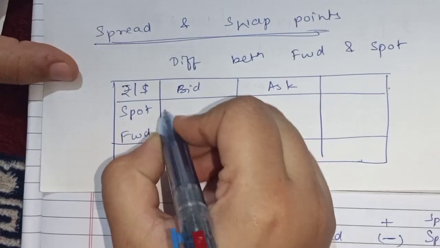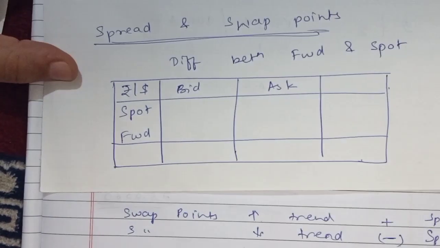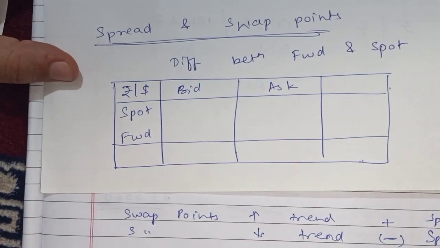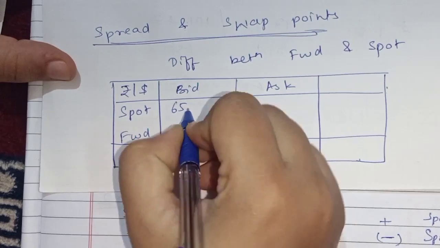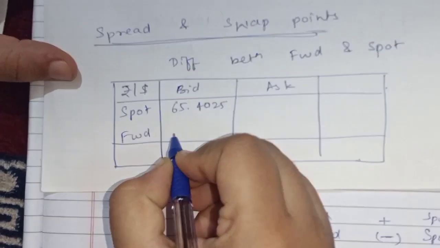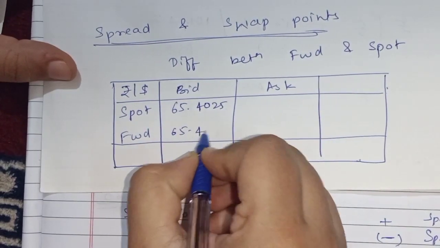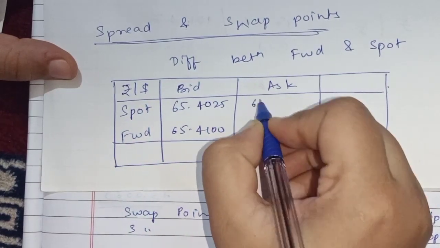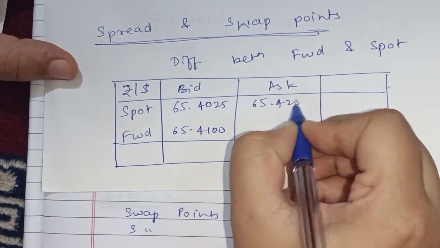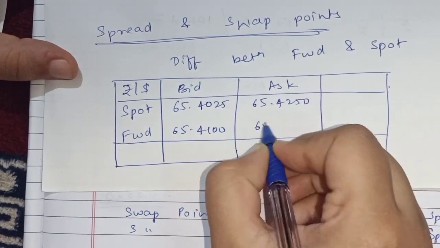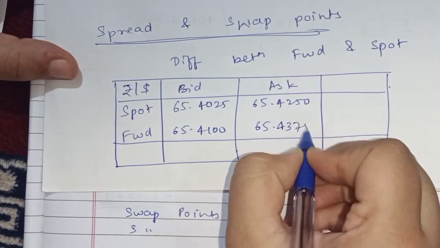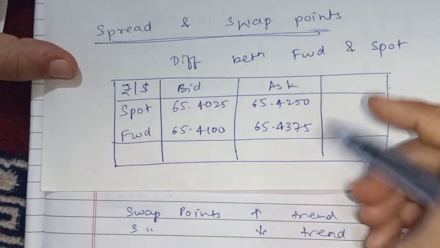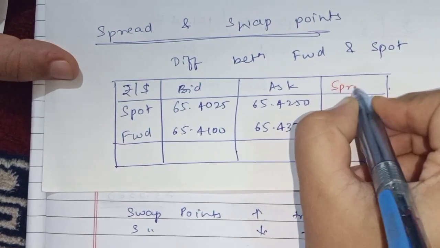You can write down the example with me. The rates are 65.4025 and 65.4100. Here it's 65.4250 and here it's 65.4375. We have to find out first the spread.